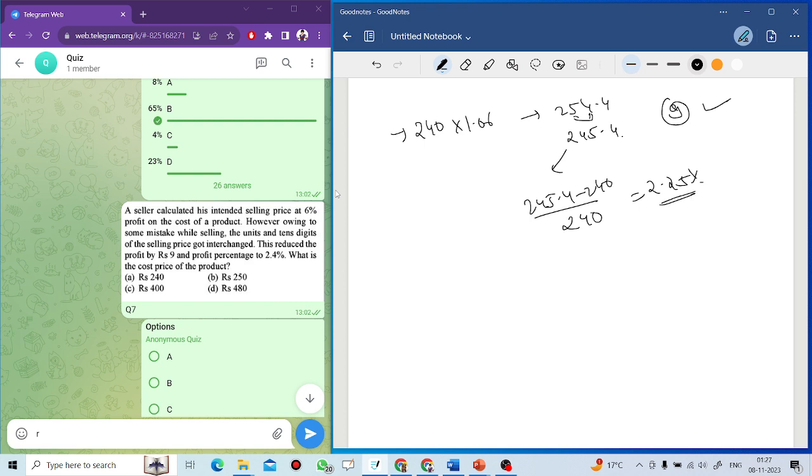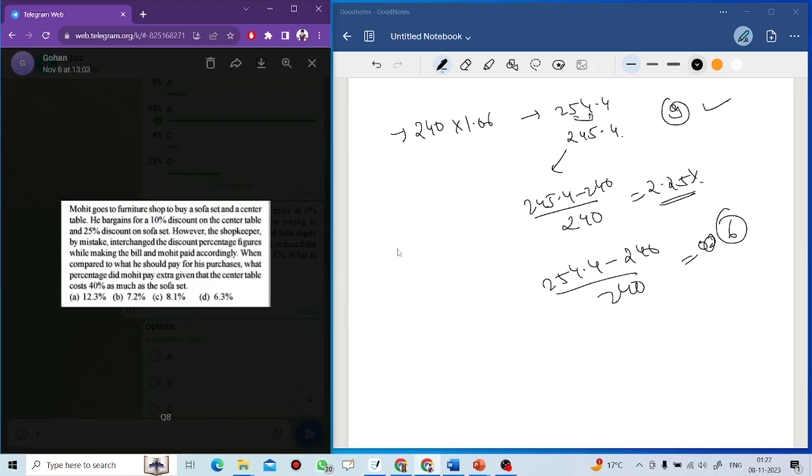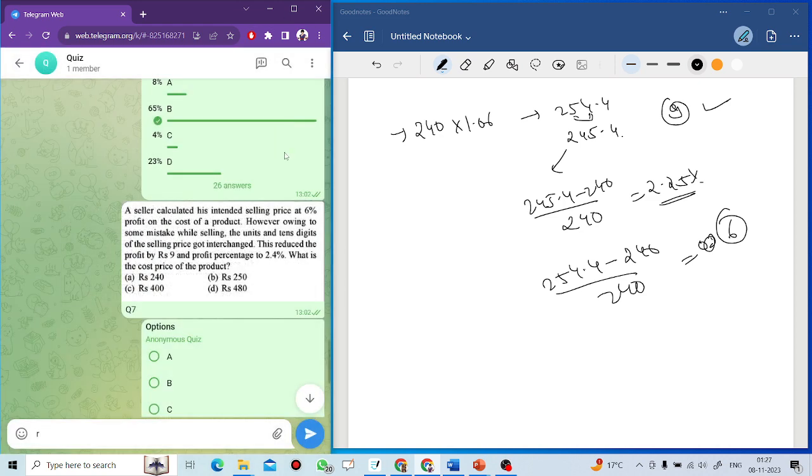This is the changed one. The actual will be 254.4 minus 240 upon 240, which is 0.06. Oh, so this will be 6%. My bad. So you can see the profit percent did not reduce to 2.4, so this is wrong. Option 1 is gone.